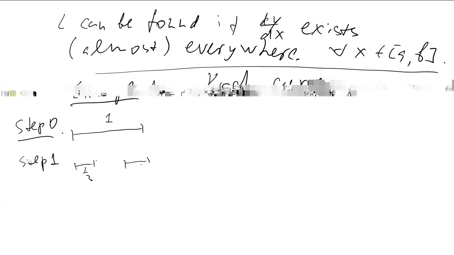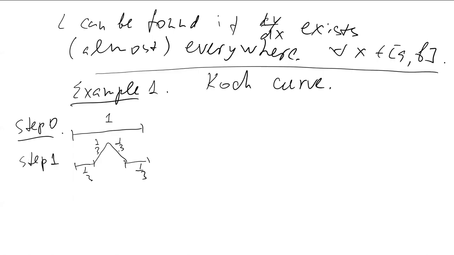So this is 1/3, this is 1/3, and replace the middle third by 2 other segments of length 1/3. So this is step 1. At step 2, we do the same procedure with all 4 segments we have.